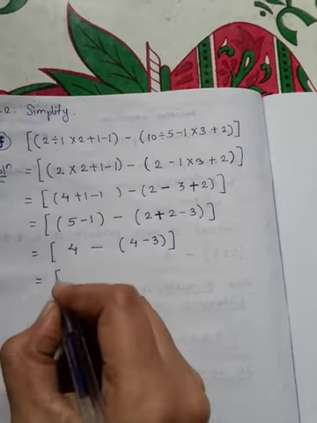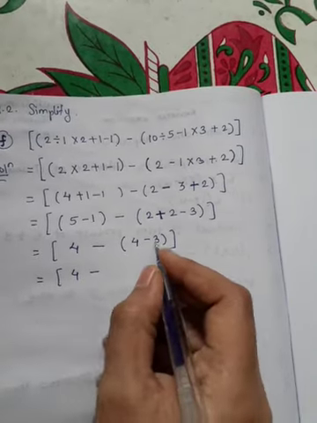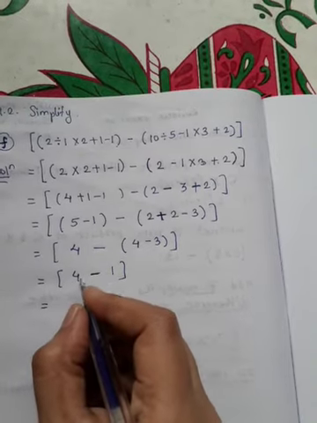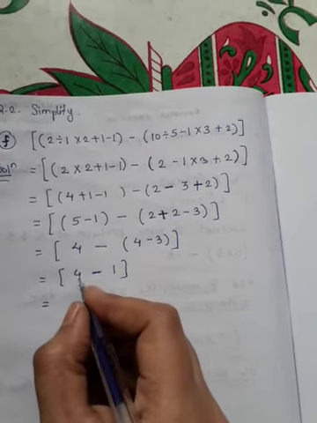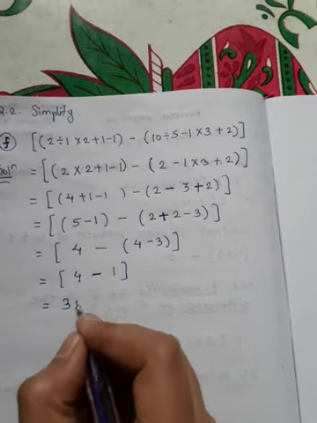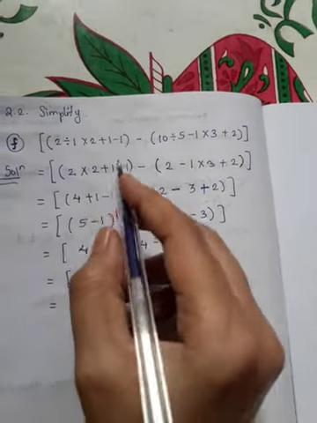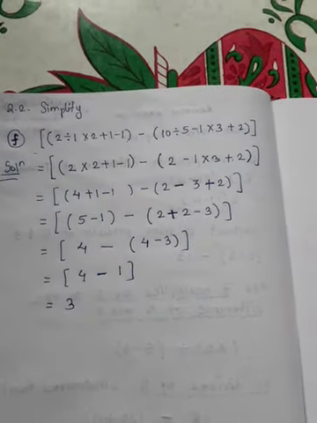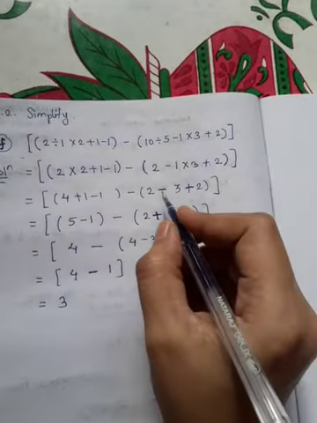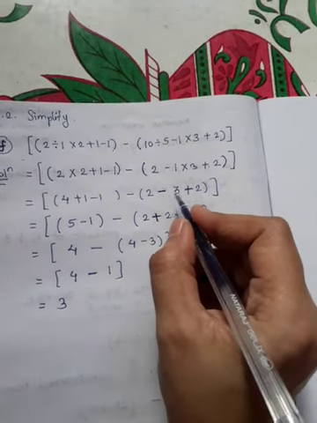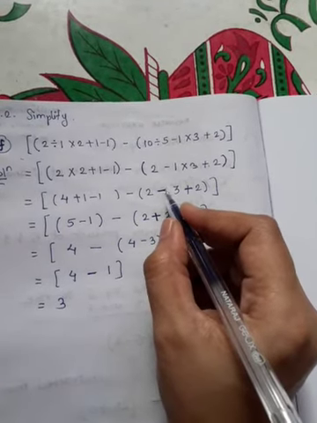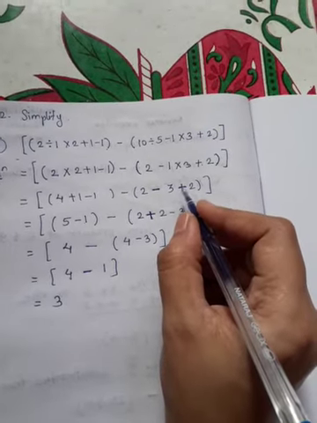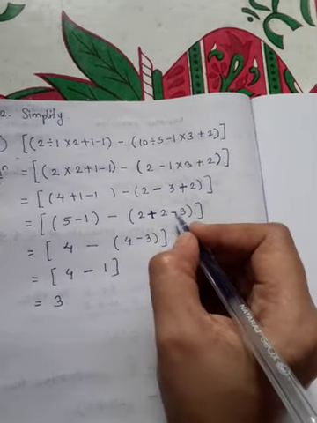Now 4 minus 3 gives you 1. Square bracket completed. Now only one operation remains: 4 minus 1 gives you 3. This is the answer of our given question. Sometimes we do subtraction first, but then our answer will be wrong. So first do addition, and that's why we write the addition terms first and then subtraction.